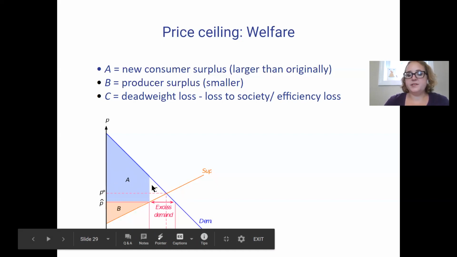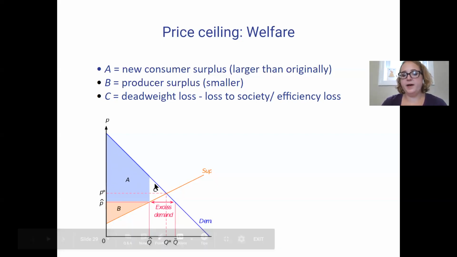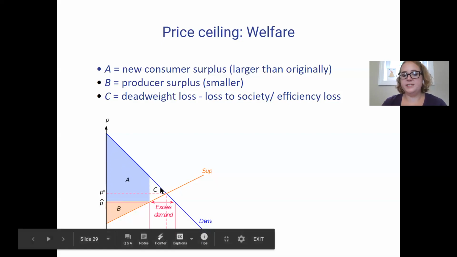So let's think about the consumers. There were all these people, there's 14 altogether that wanted this item. They had different amounts they were willing to buy, or different prices they were willing to spend. But because there's this ceiling, even though some are spending less, some of these people weren't able to get the item.